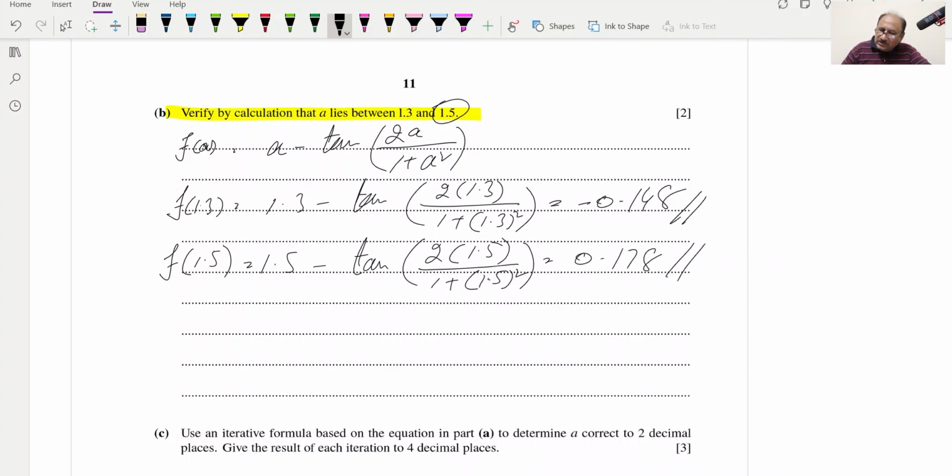You can see these two values are changing sign.